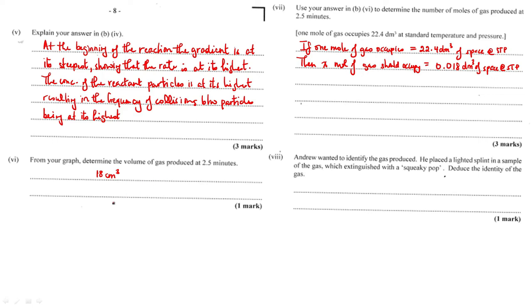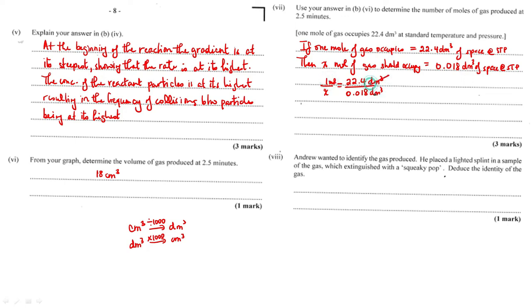So to convert centimeters cube to dm cube, you have to divide by 1,000. And to go from decimeters cube to centimeters cube, you have to multiply by 1,000. It's easy. So this is like a ratio, so it's just saying 1 over x is equal to 22.4 dm cube over 0.018 dm cube. And this is mole, by the way.